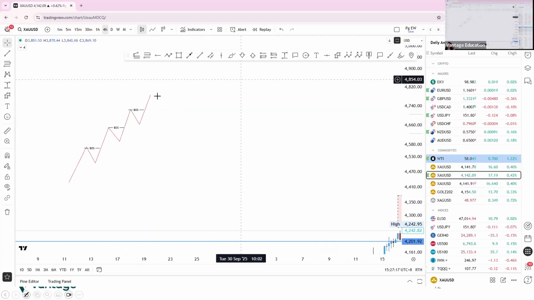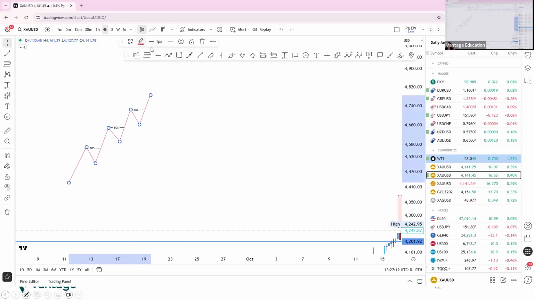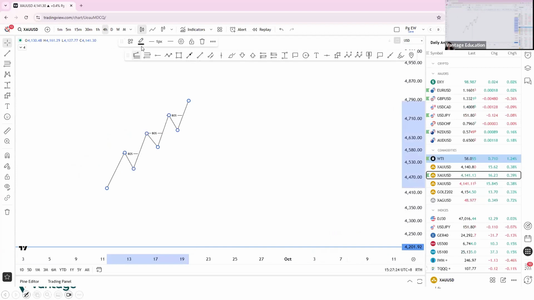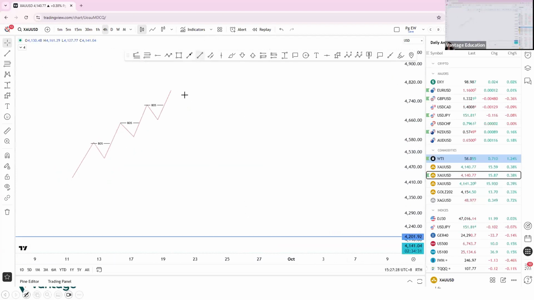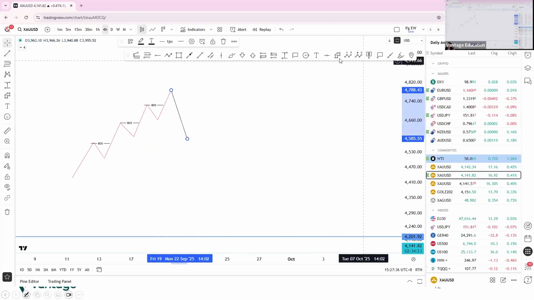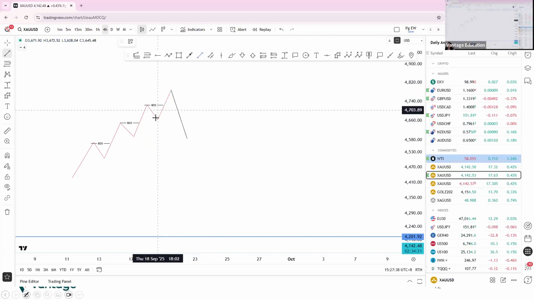Okay, change the color, yeah, black light not so nice. Whenever price makes the change of character, it breaks below the higher low, and this is going to be your change of character.